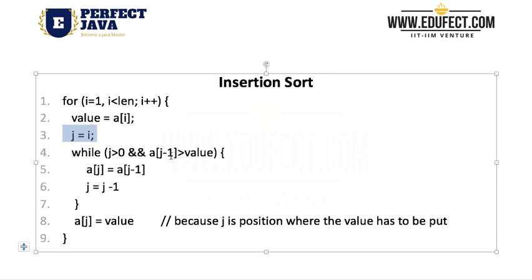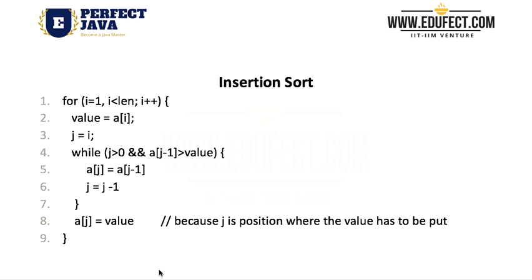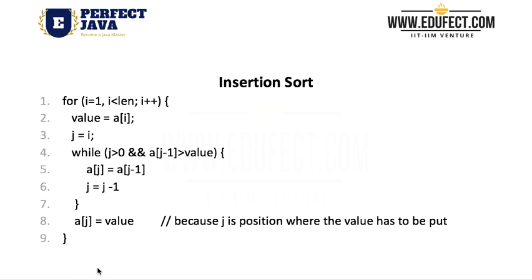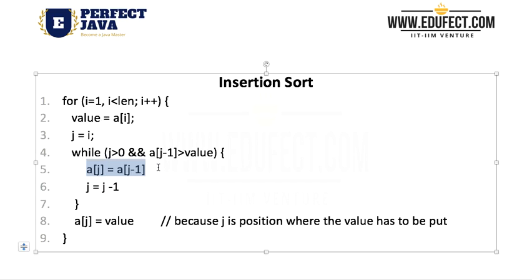So in this case, we check whether this value, 15, which is a[j-1], is greater than the value or not. We keep on checking it, and if these two conditions are true, we keep on shifting. So this is pushing one element right: a[j] = a[j-1] means we're pushing one element right, and we are reducing j.